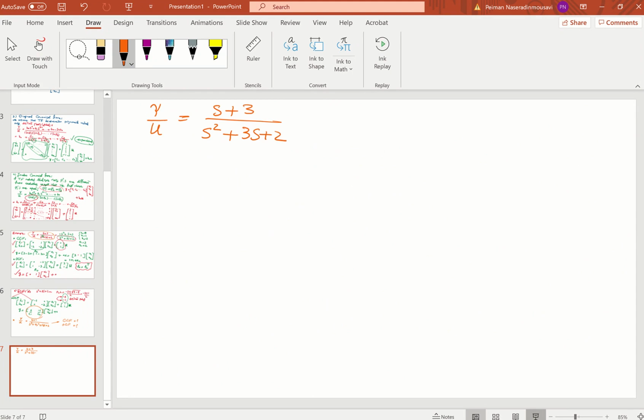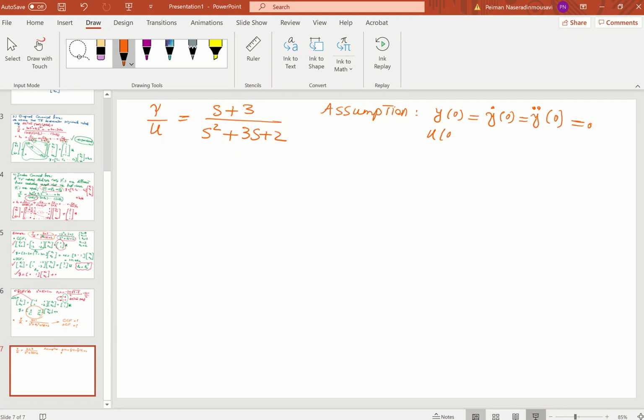My assumption is that all the initial conditions are 0 for this system, meaning y at time 0, y dot at time 0, and y double dot at time 0 are equal to 0. And u at time 0 is 0, and u dot is 0, obviously.